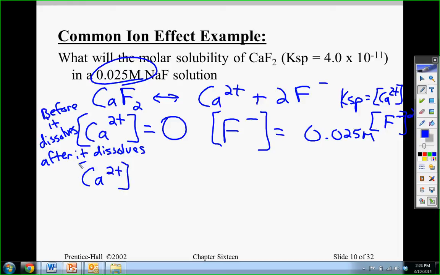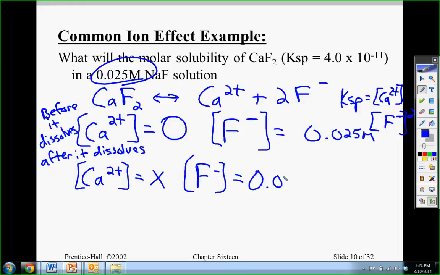Do we know what we're going to have here? What will we do for that? It'd be X, right? You can do plus X if you want, that's fine. And what about F minus?